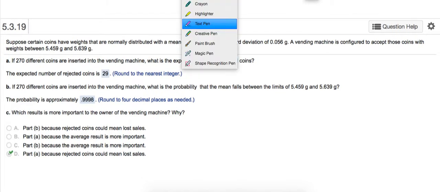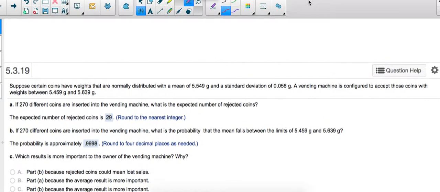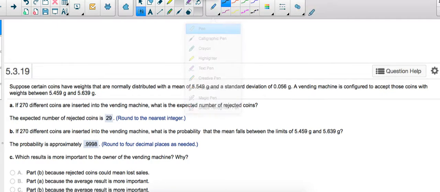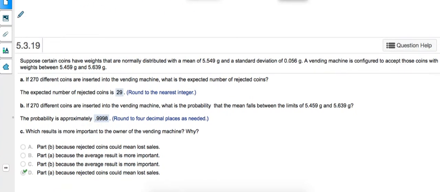Just move this up. So you're going to find it as problem number 5. And it's saying if you have coins and you're placing coins into a vending machine, that vending machine is configured to accept coins between a certain range, 5.459 grams and 5.639 grams, with a mean of 5.549 grams and a standard deviation of 0.56.